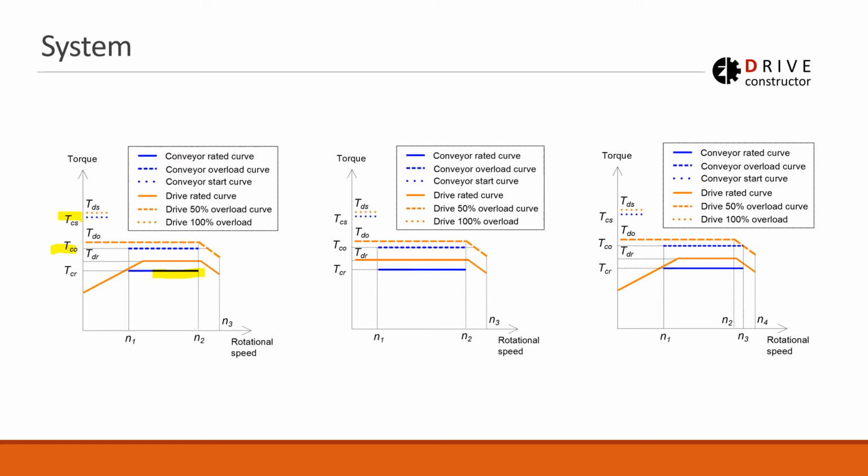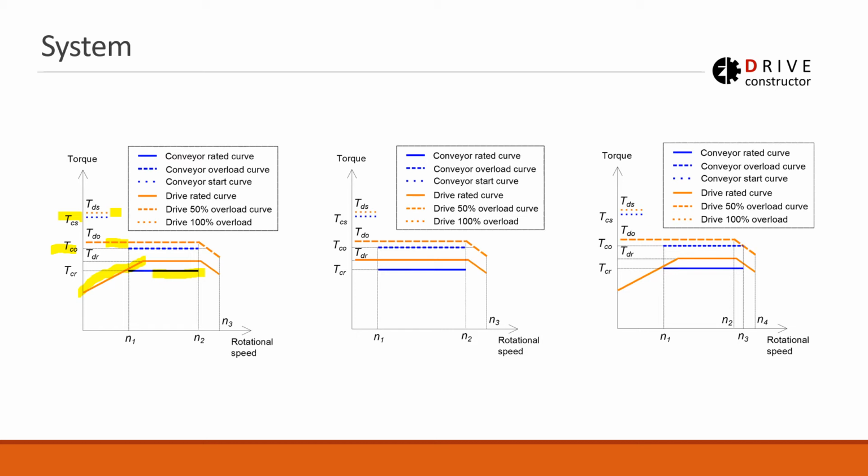Usually, if we call the combination of an electric machine and frequency converter a drive, the drive will have a rated curve. This is the continuous torque the system can deliver. And it may have temporary overload capabilities, like these two levels, corresponding to the possible overloads of the conveyor in this case.